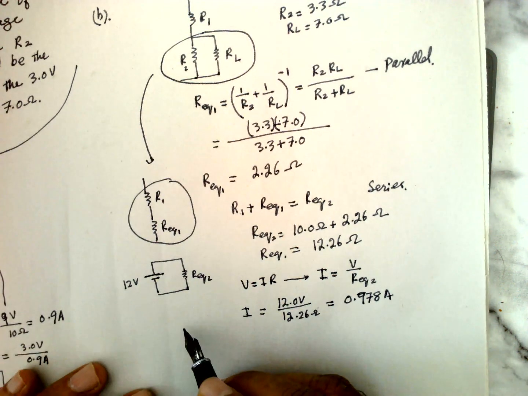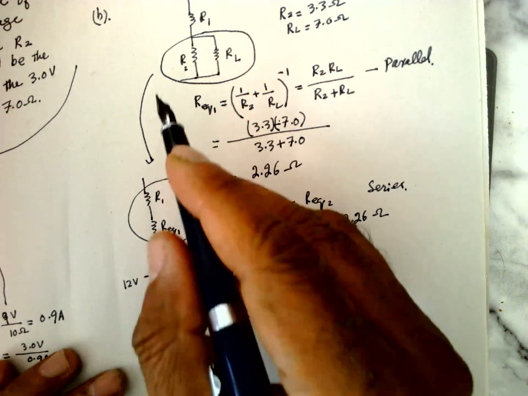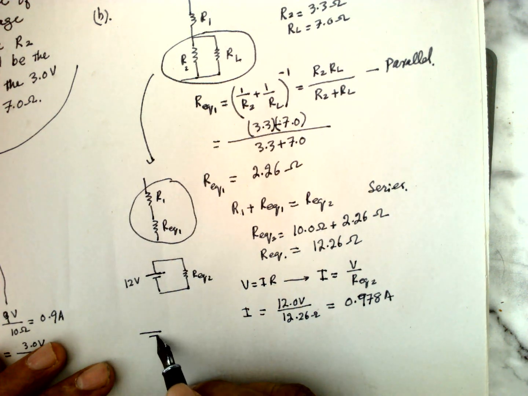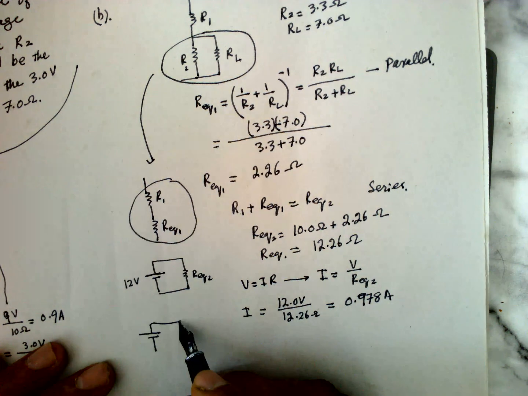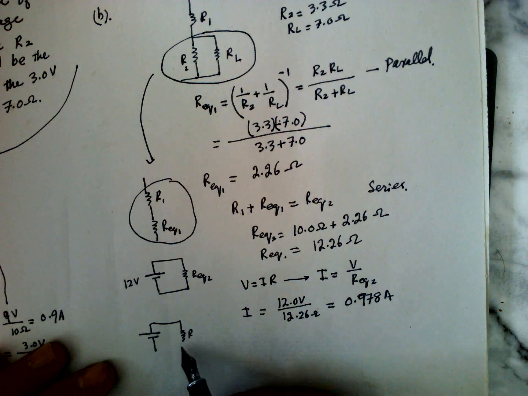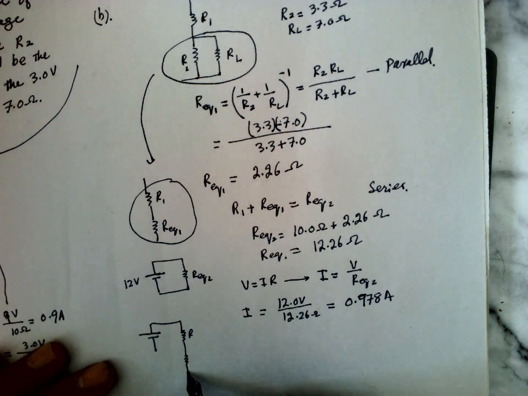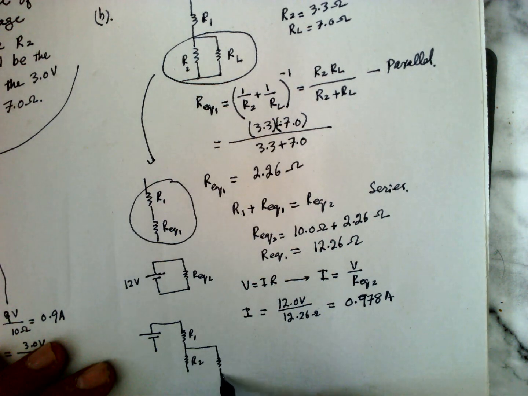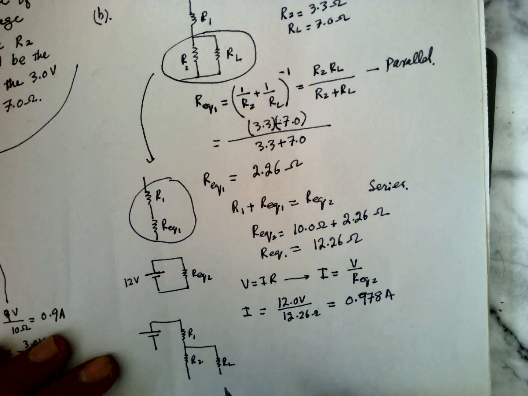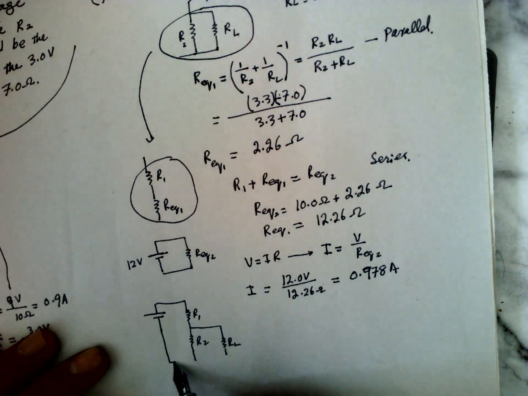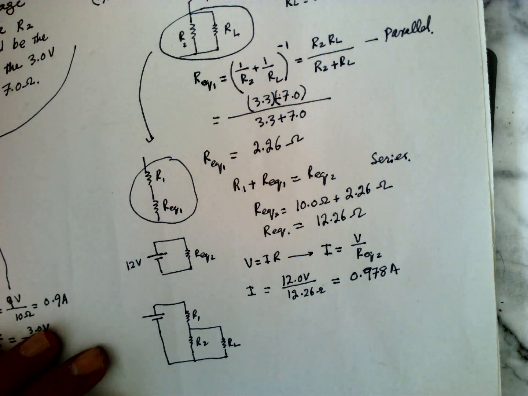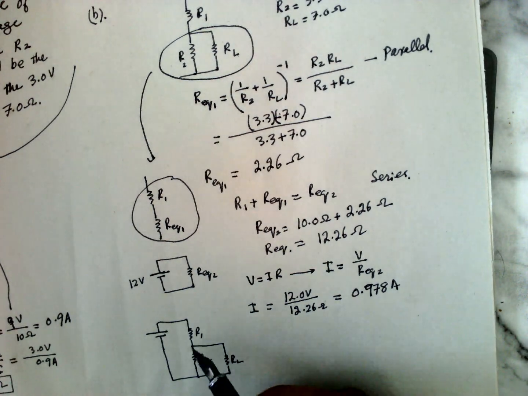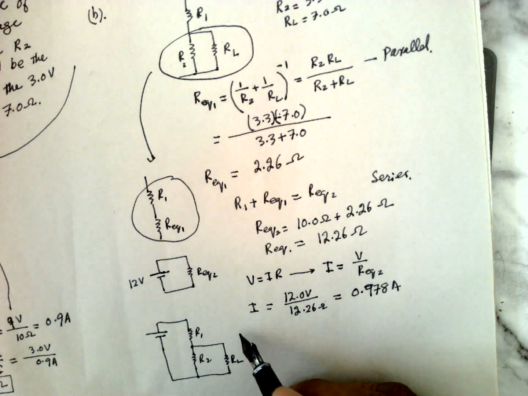So this current is flowing through this one. So now come to this circuit. So this positive negative, this is R1, this is R2, this is load RL. Now if we find out the voltage across this one, so current is flowing the same.